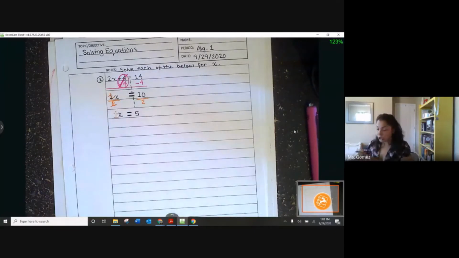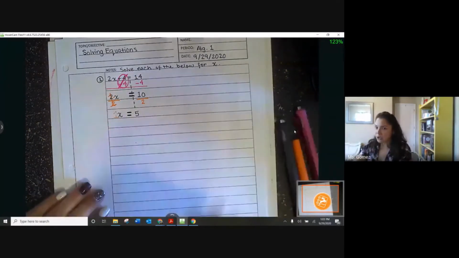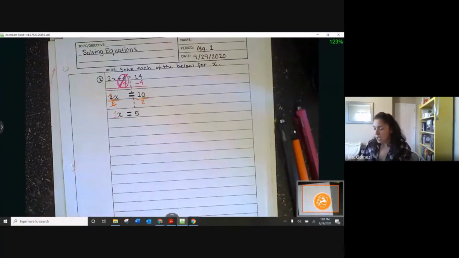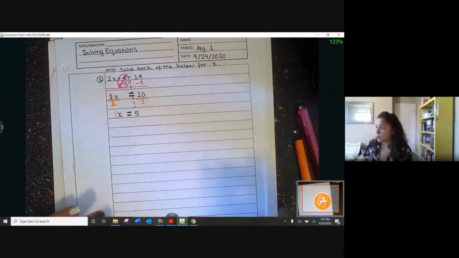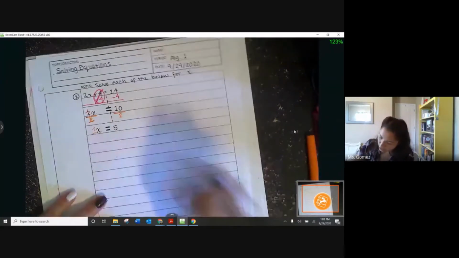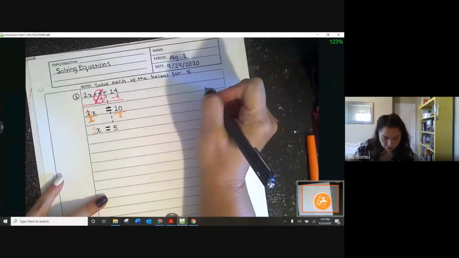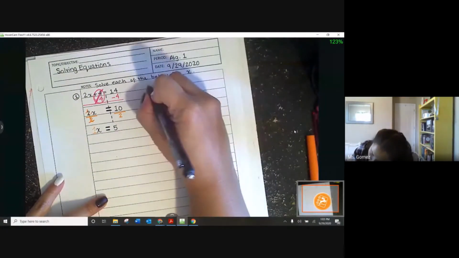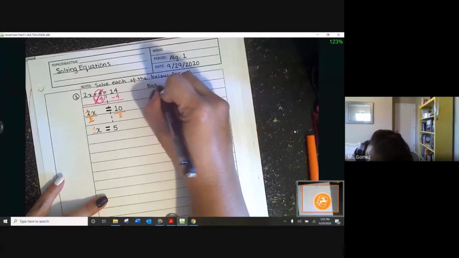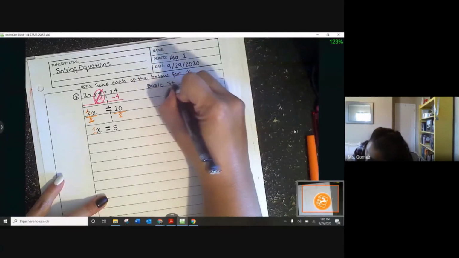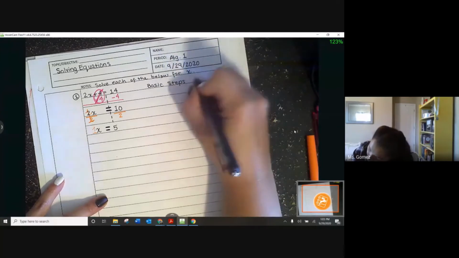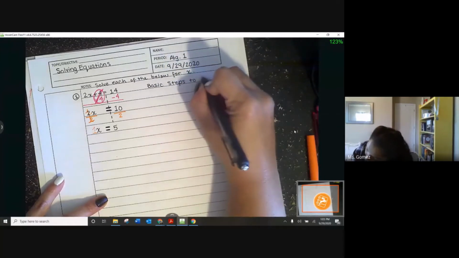Now, what I'd like to do, usually I also split my page down the middle, but I want to make sure that we write down these steps on what we had to do. Okay, so this was like a two-stepper, right? So I'm going to say basic steps to solve.